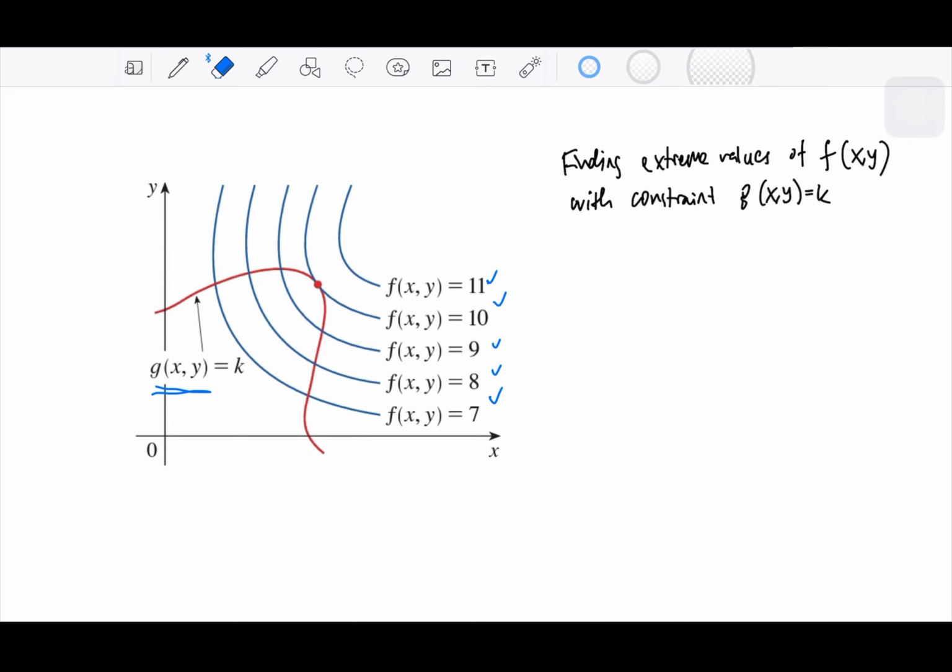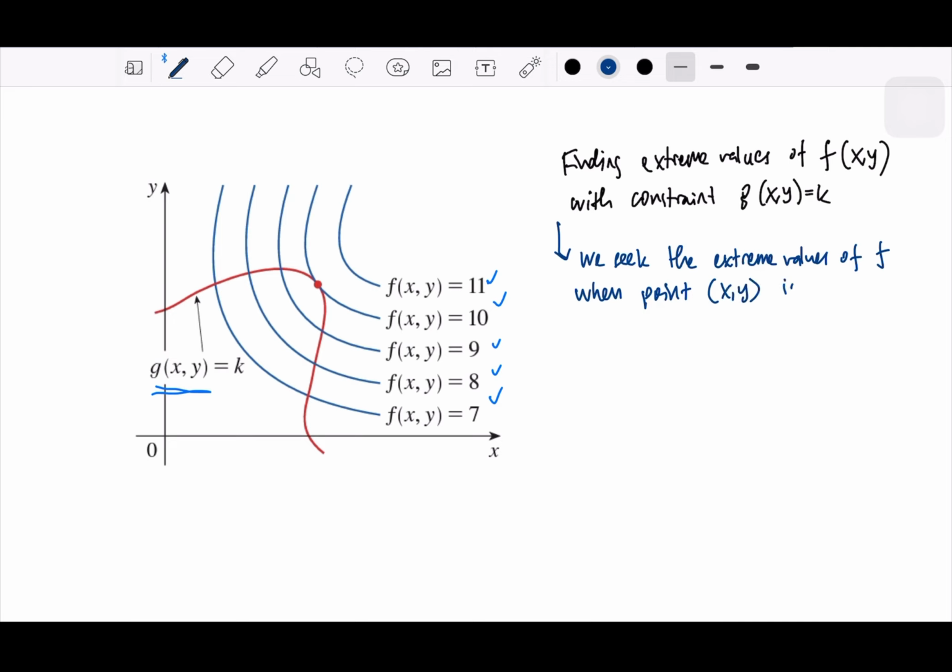In other words, we seek the extreme values of f when the point x, y is restricted to lie on the surface or on the level curve of g equal k, right?